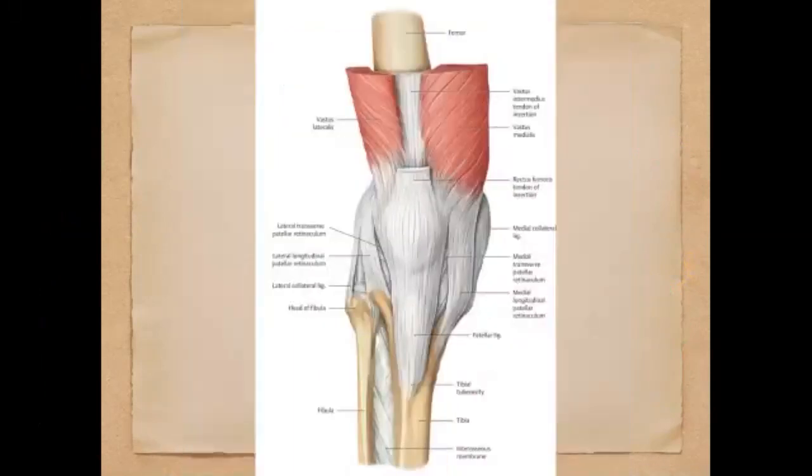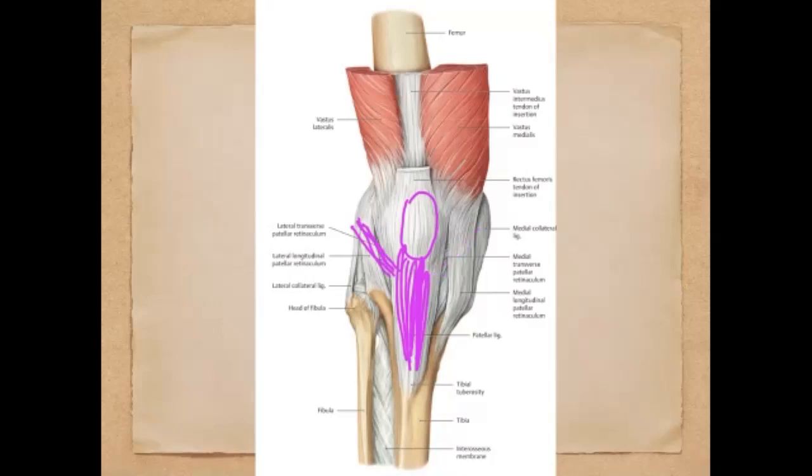You see, this is the patella. This is the patellar ligament. The patellar ligament is continuous with the capsule and thickened medially and laterally on the surfaces of the knee joint to form retinacula, lateral retinacula and medial retinacula.